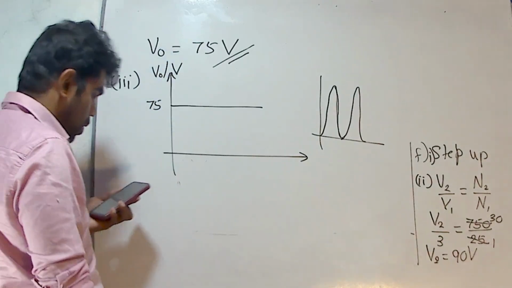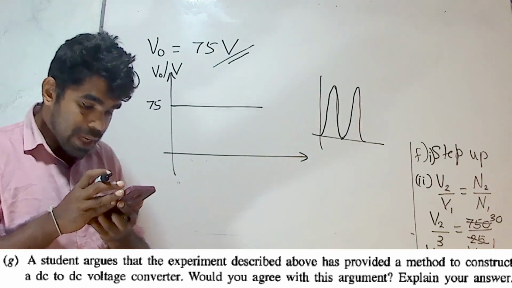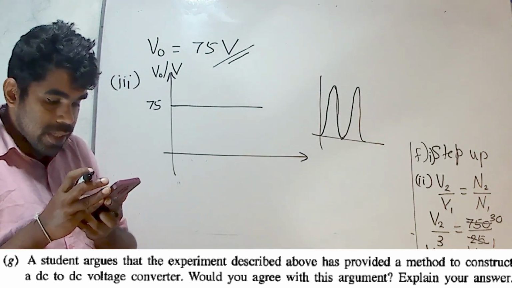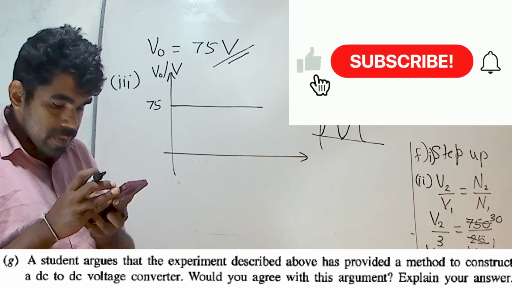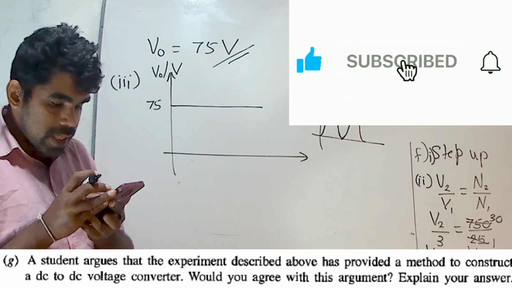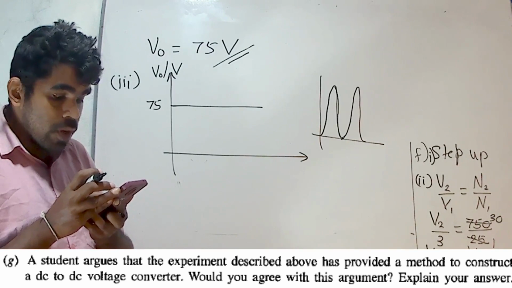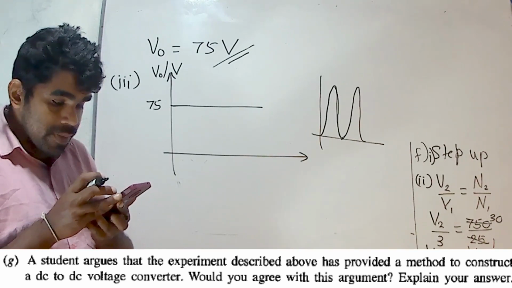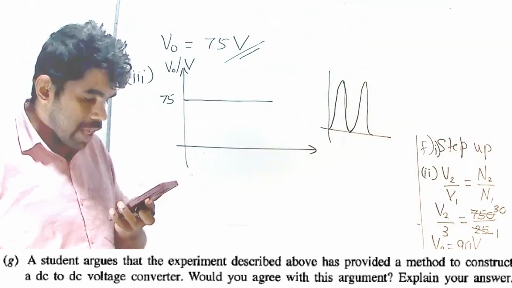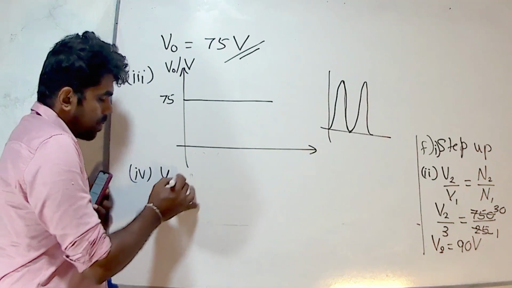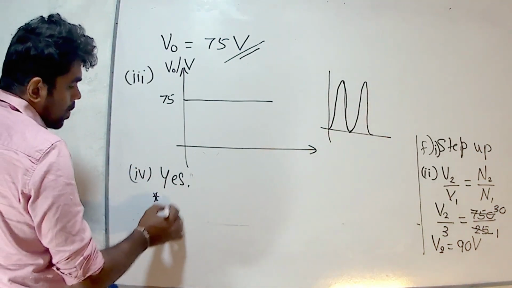It is 75 volts. Part G, the student argues that the experiment described above provides a method to construct a DC to DC voltage converter. Would you agree with this argument? Explain your answer. Yes. We can write the reason.